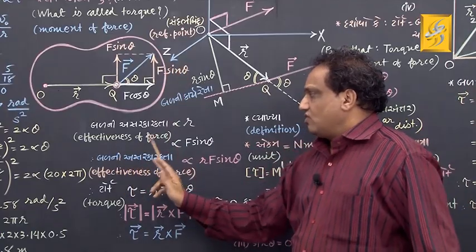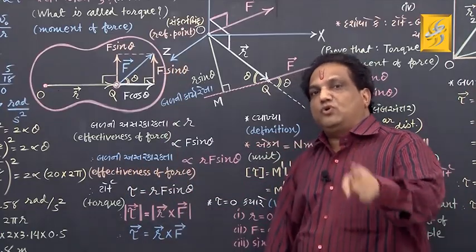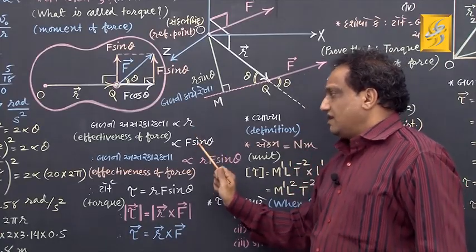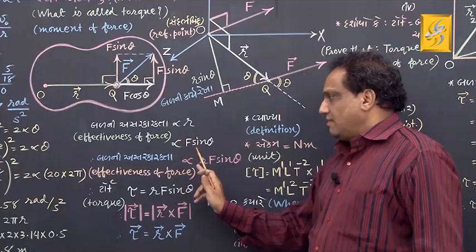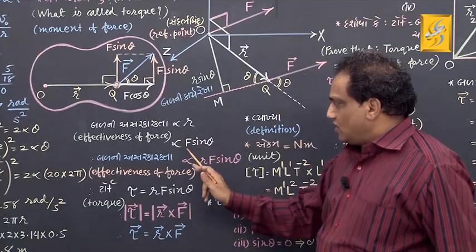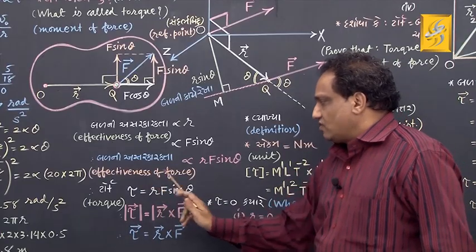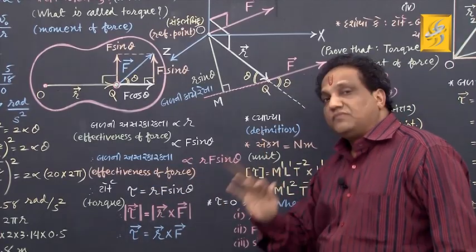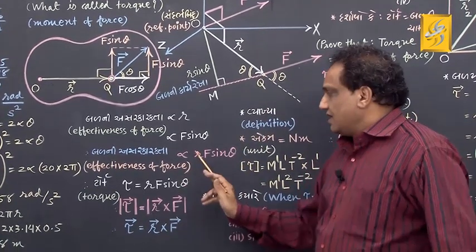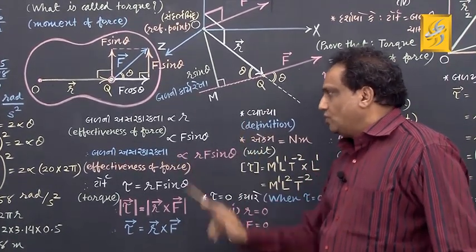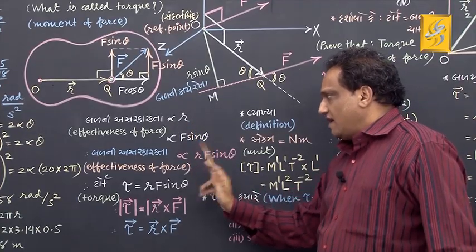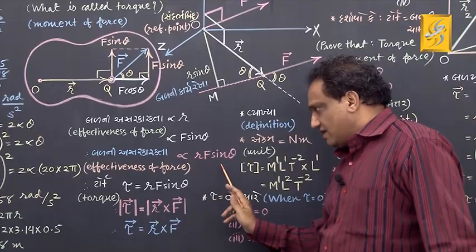So effectiveness of force applied to produce rotational motion increases when this multiplication increases. Take the multiplication r into F sin theta to have combined dependence. So effectiveness of force is, as a combined result, directly proportional to the multiplication of these two: r into F sin theta.